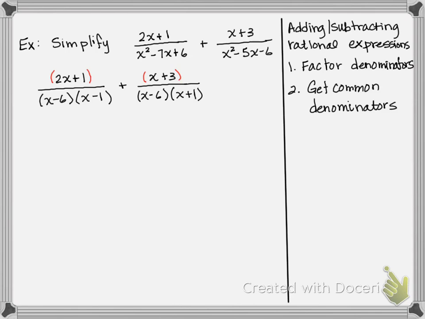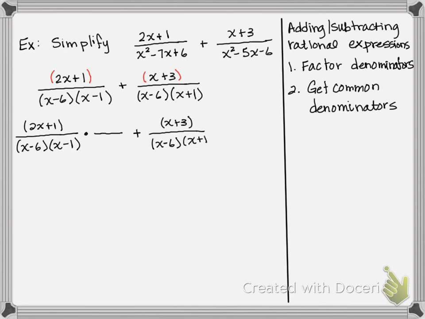So we're just going to start by setting ourselves up. We've got our first fraction, and we know we're going to multiply that by something. And then we've got our second fraction, and we know we're going to multiply that by something. I just built a skeleton of what I'm doing. That way I don't have to organize at the same time as trying to figure out what to put where.